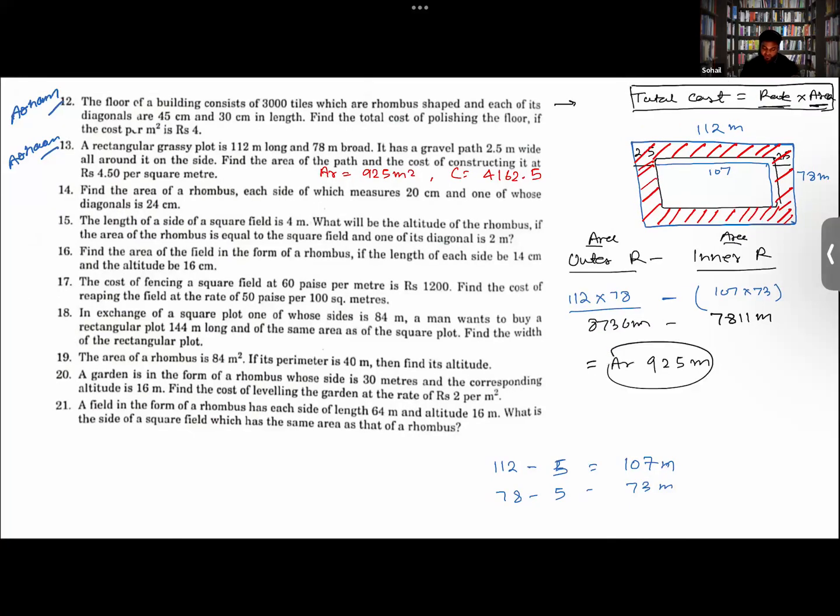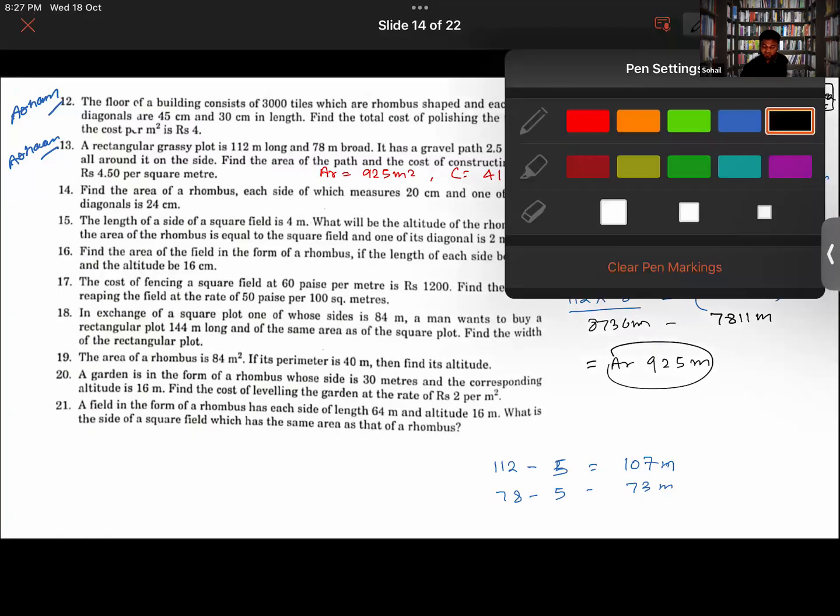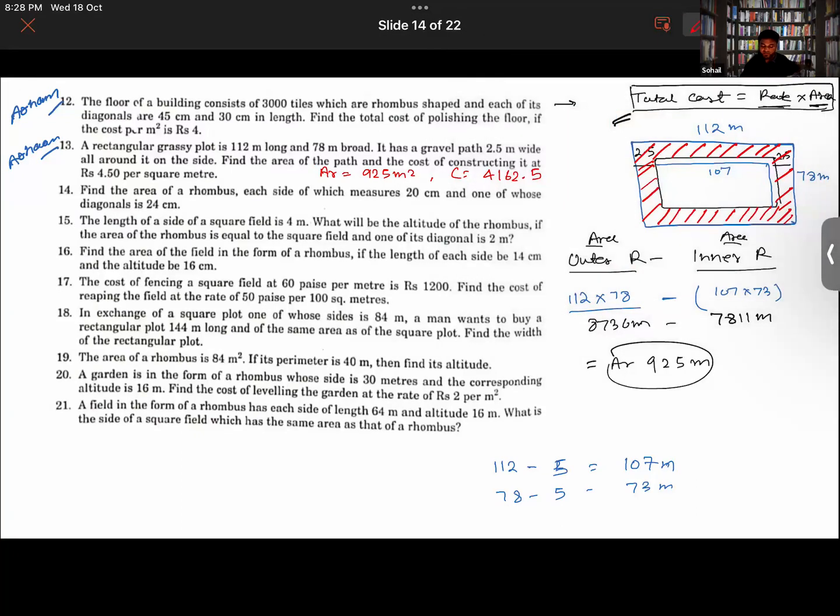To find the total cost, you simply multiply the rate with the area. Rate is 4.5 per square meter. So 925 multiplied by 4.5 should be close to 4,000, and as per your calculation, it was 4,162.5. Thereby, it is correct.